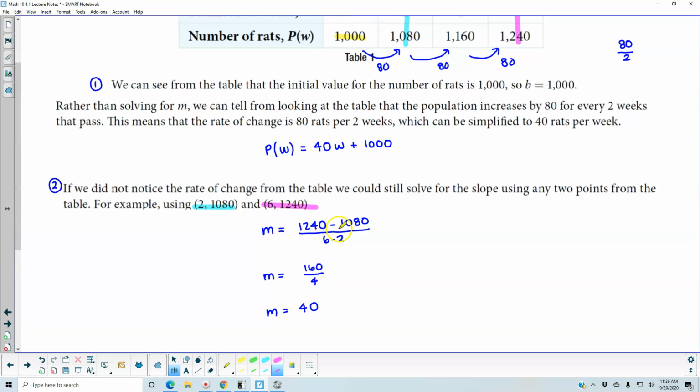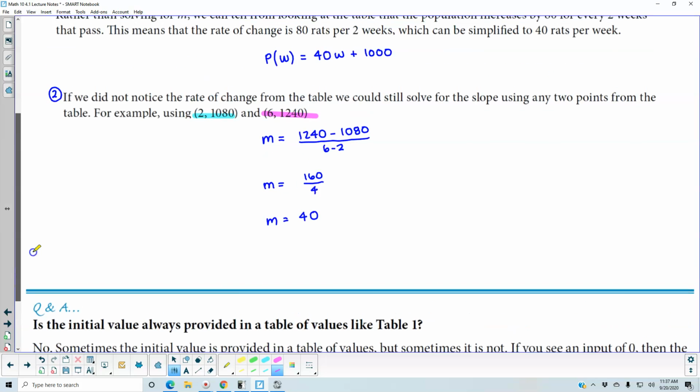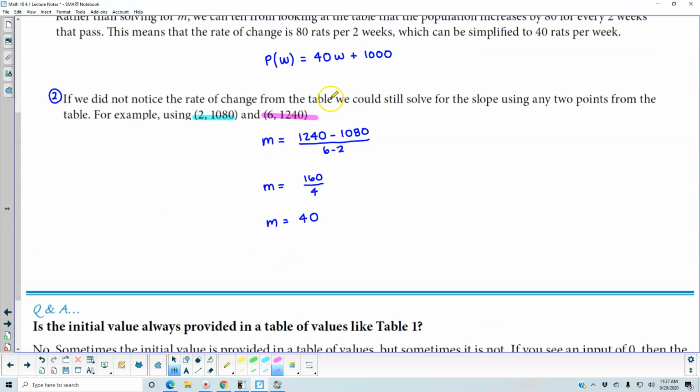So 1,240 minus 1,080 is 160, 6 minus 2 is 4, and 160 divided by 4 gives us 40, which is the slope, which is what we found in step number 1. Then we could use the point slope form to find that function.